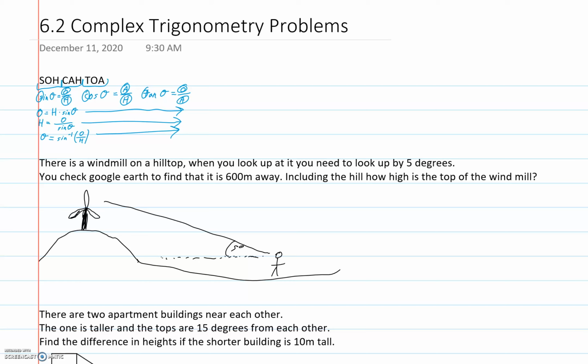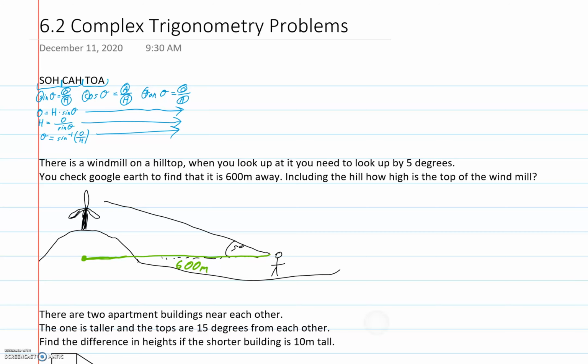You check on Google Earth and find that it is 600 meters away. Okay, so this is using Google Earth, so it would be a very flat version of the events. So flat right there, and we find that it is 600 meters away. Including the hill, how high is the top of the windmill?